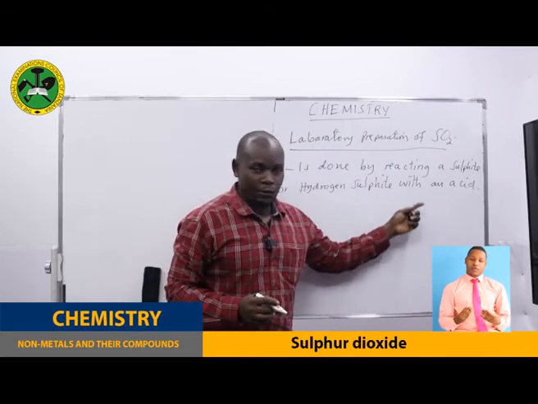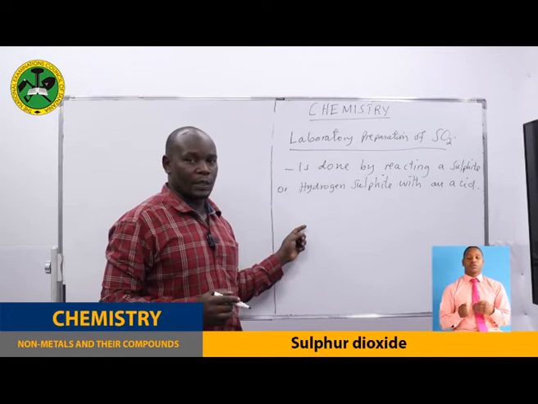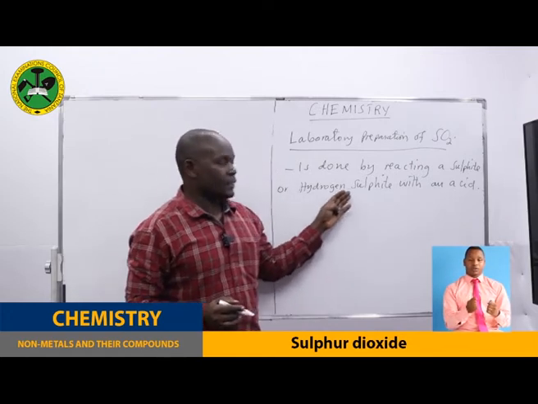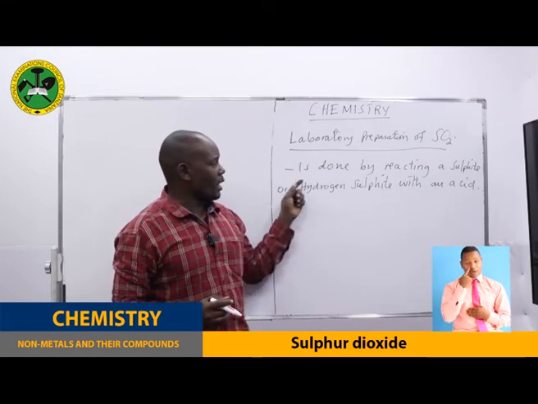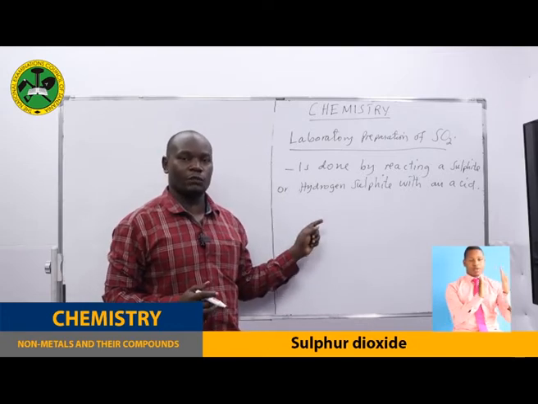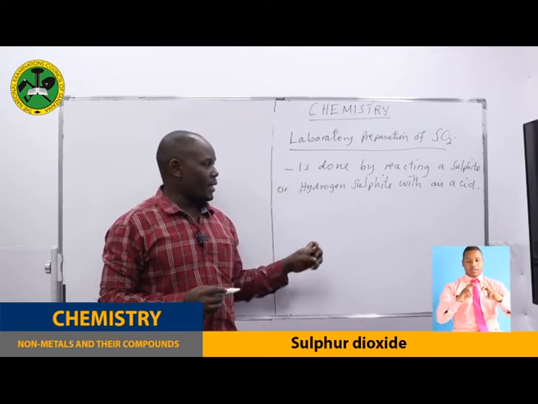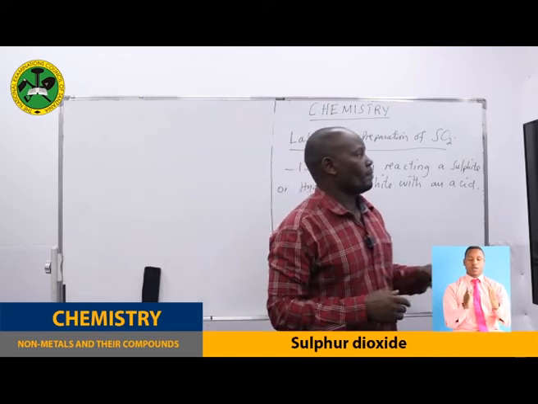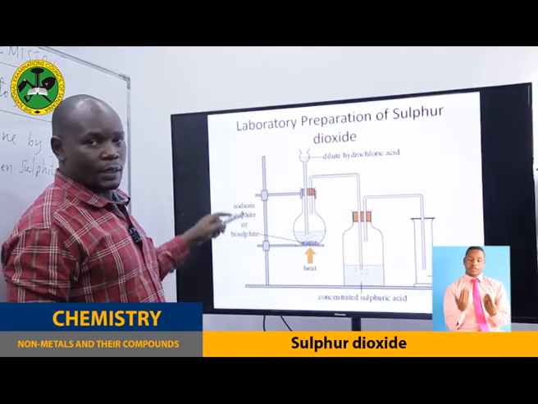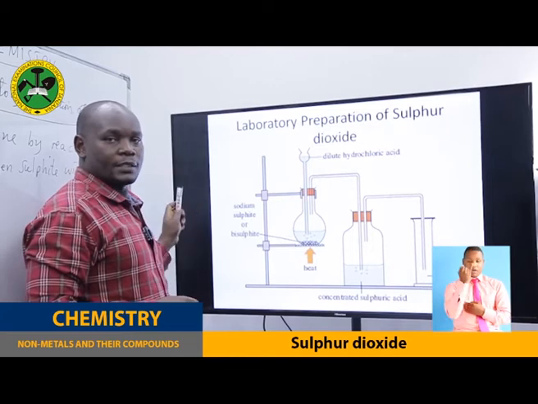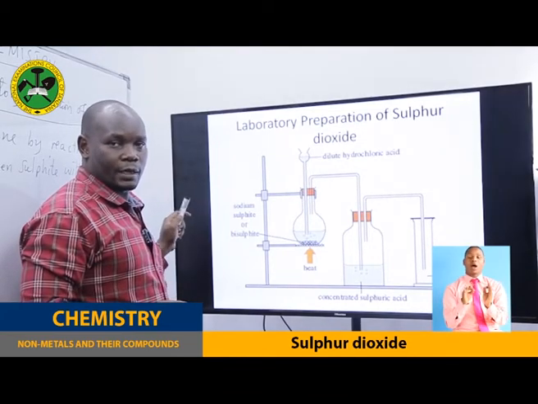And how does the process take place? Now let us see the experimental setup on how you can prepare sulfur dioxide. Here is the diagram showing how you can prepare sulfur dioxide in the laboratory.